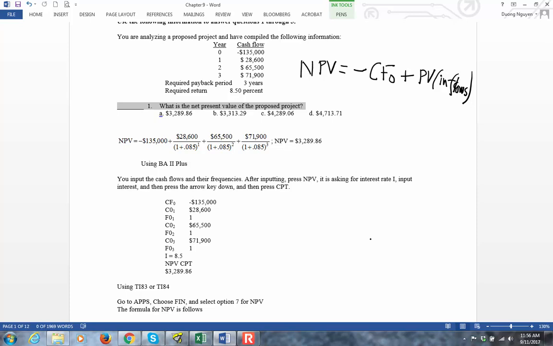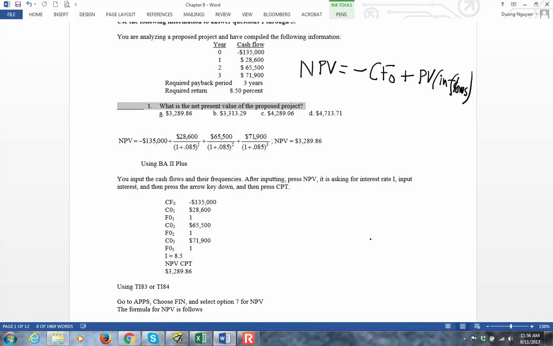you press NPV and it will be asking you for the interest rate I. So you input I 8.5 and enter and arrow down. Do not put 0.085. You have to input 8.5 because the calculator assumes that 8.5 is 8.5%.